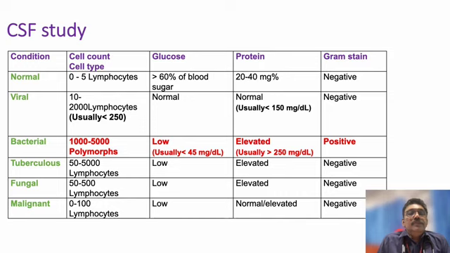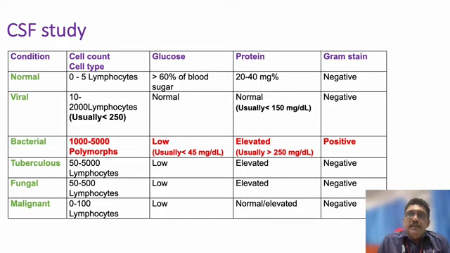Whereas glucose is reduced in almost all conditions except viral infection. In viral infection, glucose is not reduced, because bacteria and fungal infections, whether tuberculosis or some other bacteria, utilize the sugar in the CSF, whereas viruses do not. So in viral infection, CSF glucose will mostly be normal.